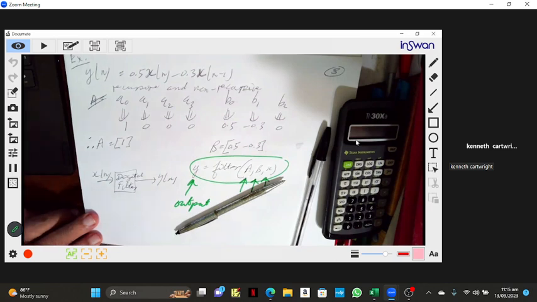Every digital filter has A values and B values. How are these A values and B values different than the previous filter? When I told you that there are recursive filters and non-recursive filters, what did I say makes a filter recursive? You don't know because you don't study.